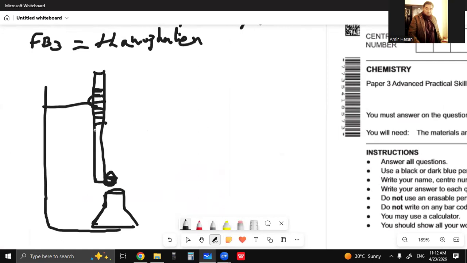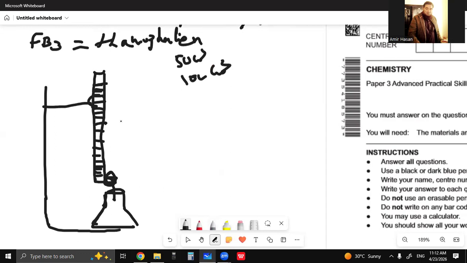When you pour the solution from the burette into the conical flask, the reading on the burette changes. The burette may have a volume of 50 cubic centimeters or 100 cubic centimeters, so we can adjust easily.